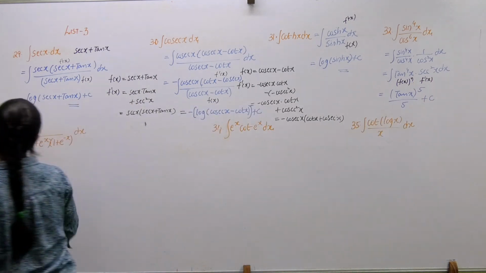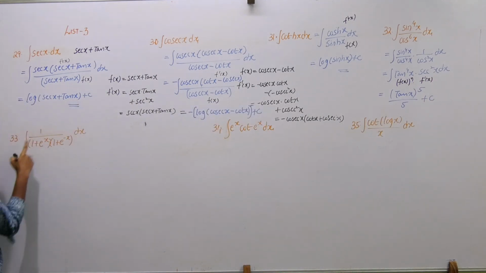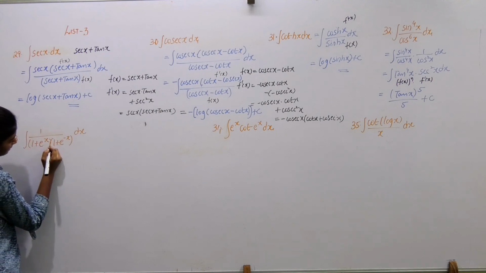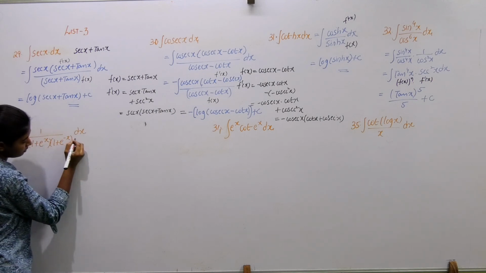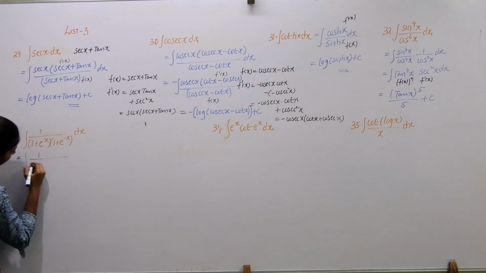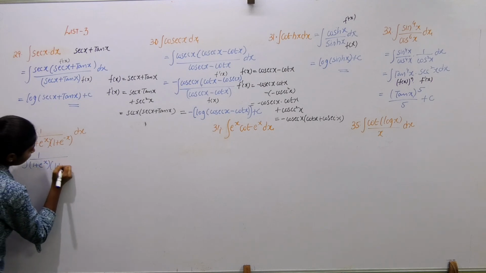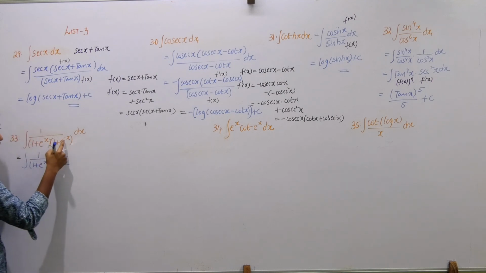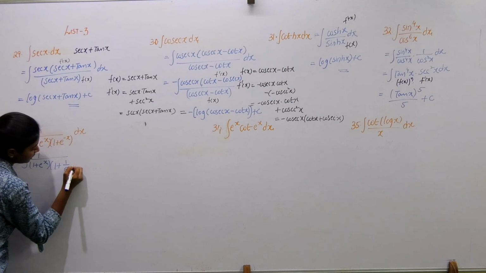Next, 33rd one. We have integral 1 by 1 plus e power x into 1 plus e power minus x dx. To solve this, I am writing e power minus x as 1 by e power x.